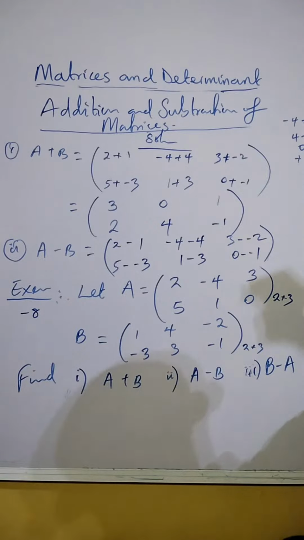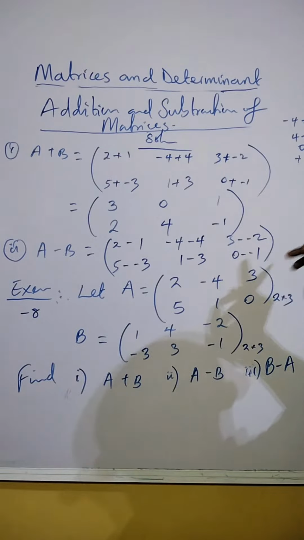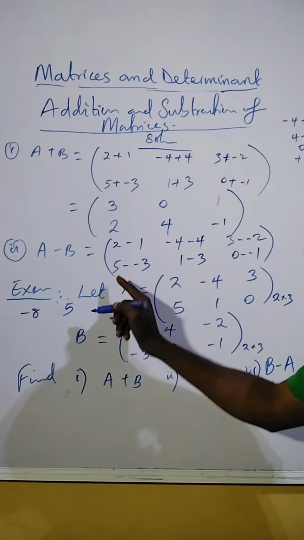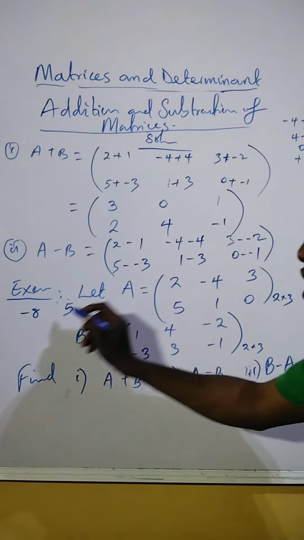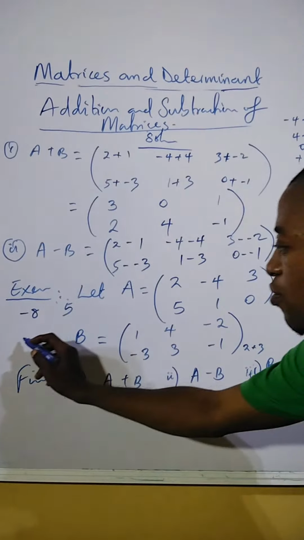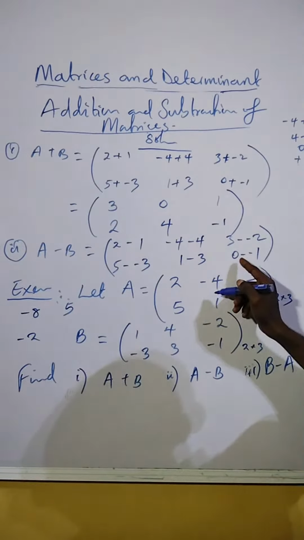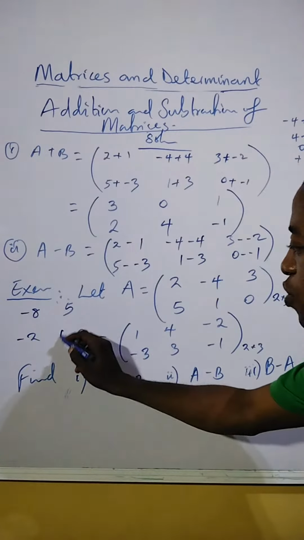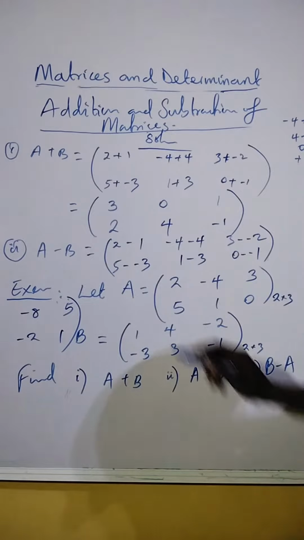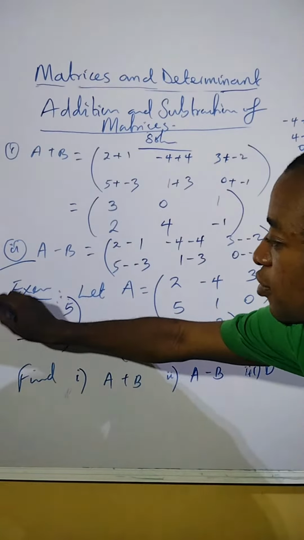Same sign is plus, different sign is minus. So 3 plus 2, that's 5. Also 5 plus 3, that's 8. 1 minus 3 is minus 2. 0 plus 1 is still 1. So the result of A minus B is this.